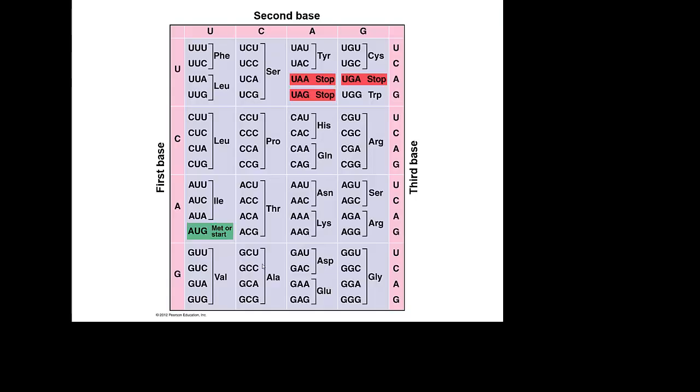This is a codon table. So here's our AUG that I keep mentioning to you with our methionine. So how does this work? Well, the first base I said was A. The second base is U. And then the third base is G. So if I have a codon that is, let's look at UUA.